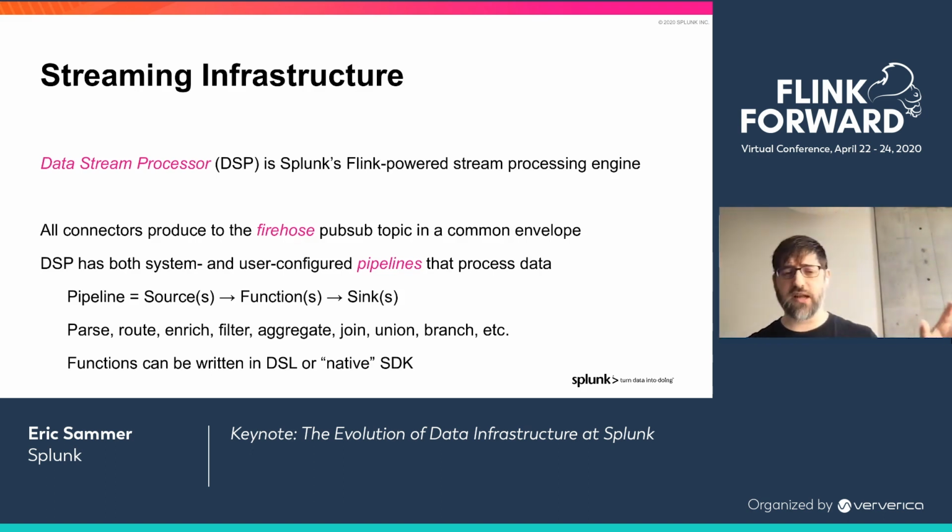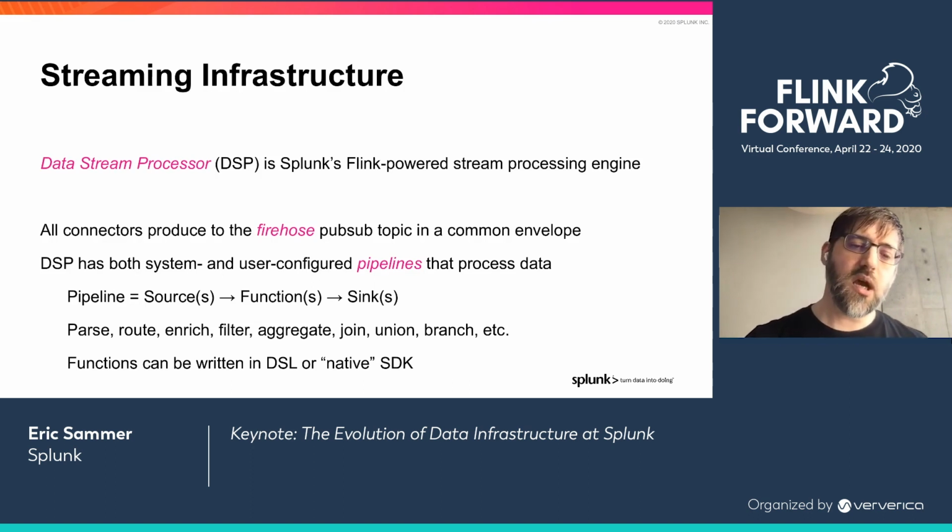And obviously that functionality is parsing and routing and enrichment and filtering and aggregations, and joins and unions and all sorts of other stuff. We implement branching, just pulling multiple functions off of a source function. These functions can actually be written in Splunk's domain-specific language, which is SPL.